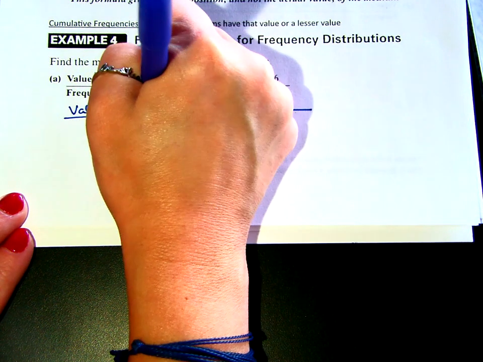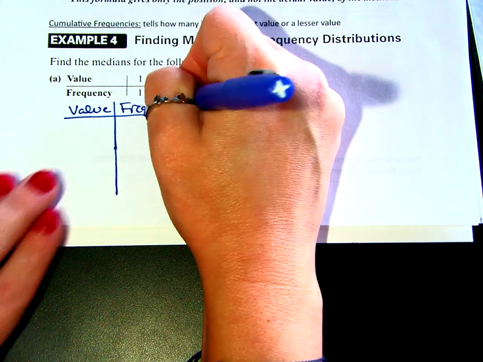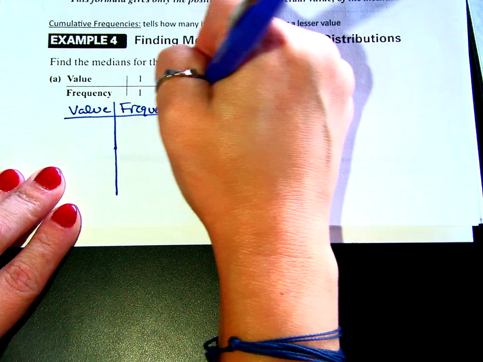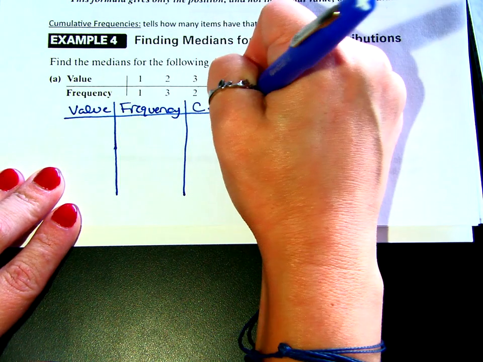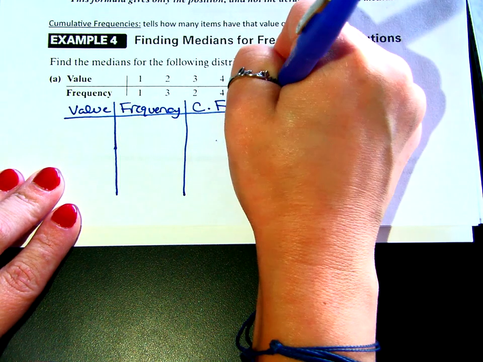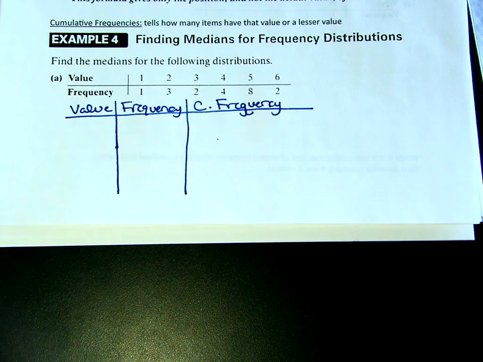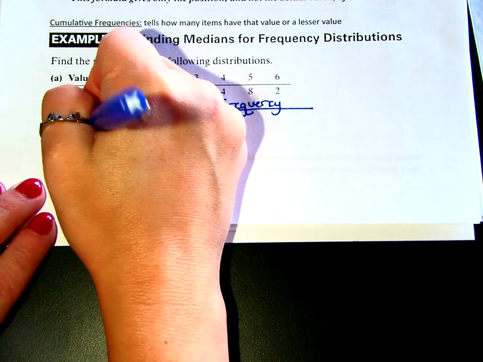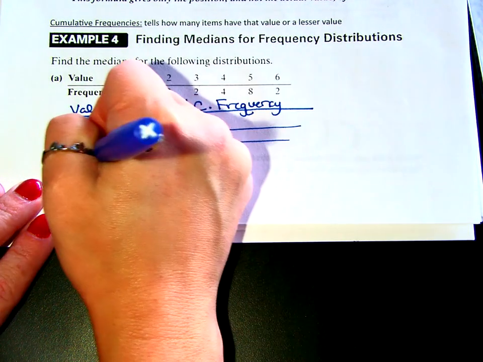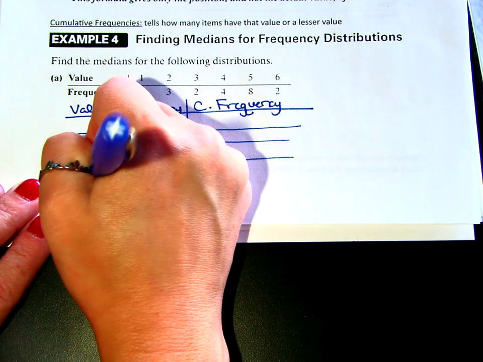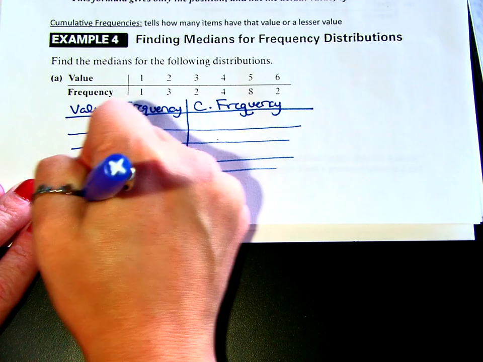Then we're going to do our cumulative frequency, that's a Q in this last column. So the values are what are across the top. 1, 2, 3, 4, 5, and 6. And I'm going to go ahead and put a total down here as well.